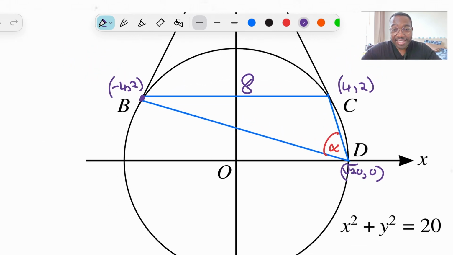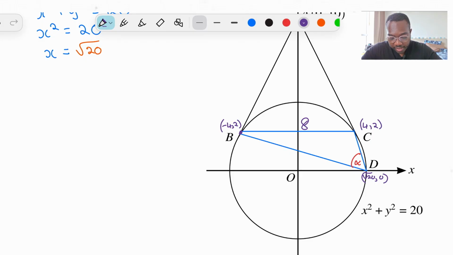Again, it's about working out the distances of all of this. And then once you know the distance of everything, you can just use cosine rule and you can work it out. Okay, so let's work out BD first. So with BD, if we look at the distance of that, well, what would that be? Well, the distance of that would be A. So we have root 20 and we have minus 4. Now, root 20 is bigger than 4, okay?